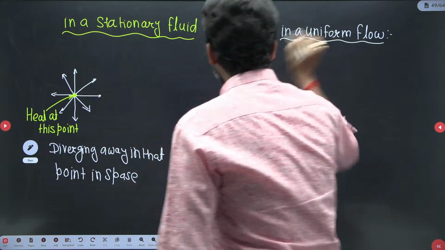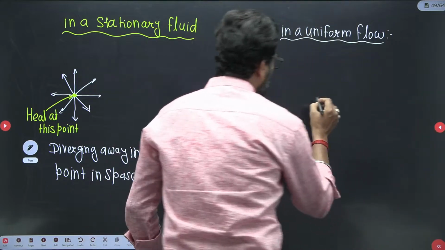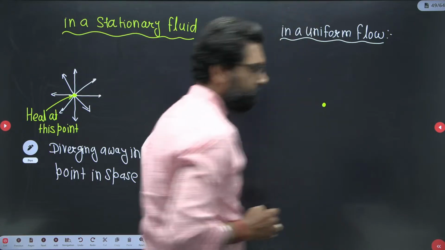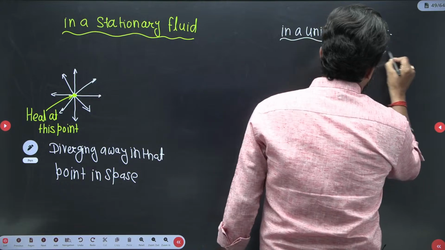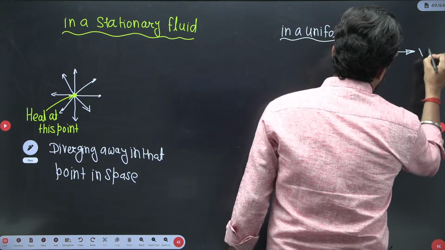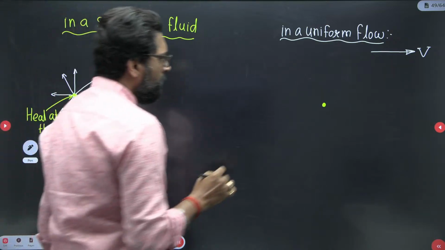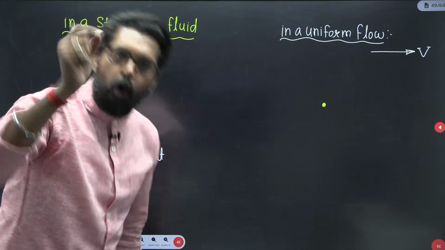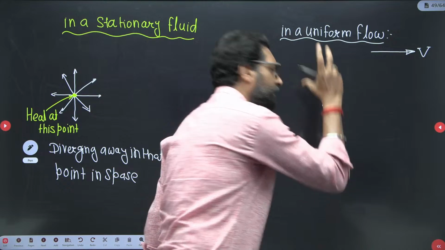Now what is the condition in uniform flow? Very important. See my dear, if you are heating at this point, and let's suppose the flow is moving with a velocity v, any velocity v. So if you are heating at this point through a laser, locally the streamlines will diverge. Yes.